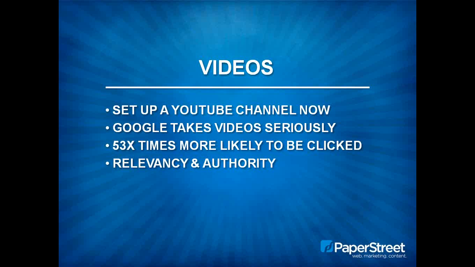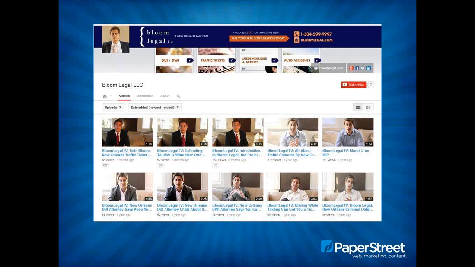Not only does it say who the client is, we have an about page within this video that has a lot of keyword phrases and links back to this client's website. As you can see from the links and the title tags, the first one says Seth Bloom, New Orleans traffic ticket, which says traffic ticket lawyer or law firm or attorney, or something related to that phrase. The one directly underneath it, New Orleans DUI attorney. These are all relevant ways to become relevant for the keyword phrases that you're targeting.